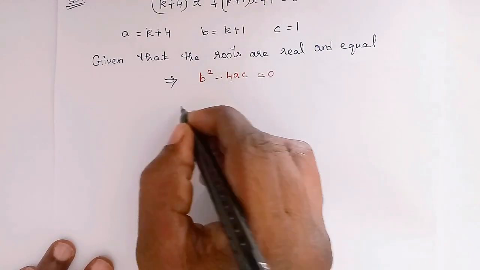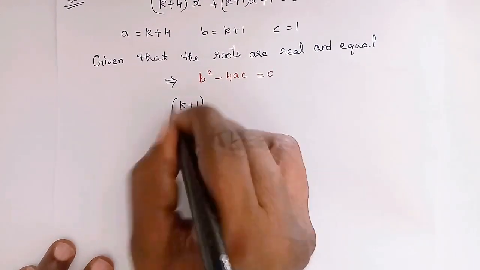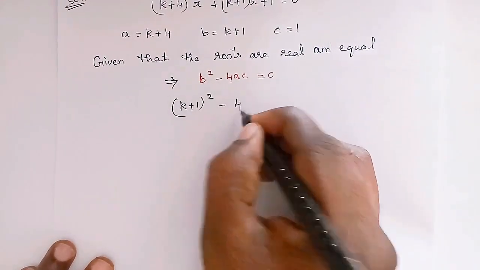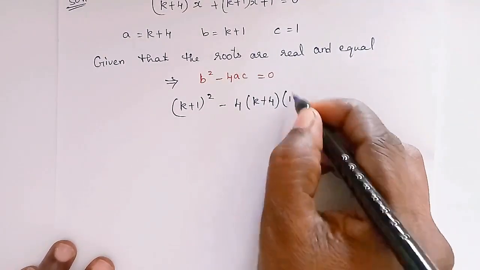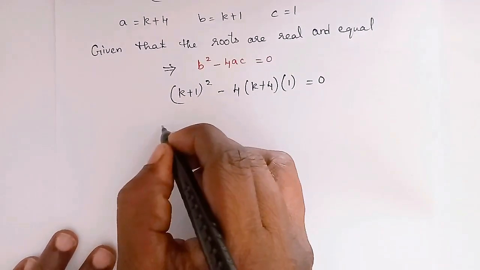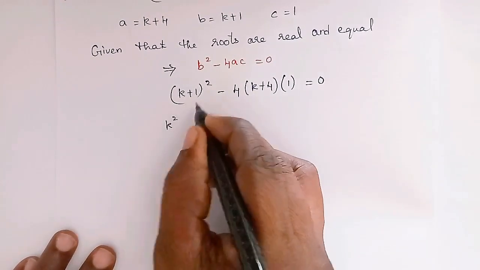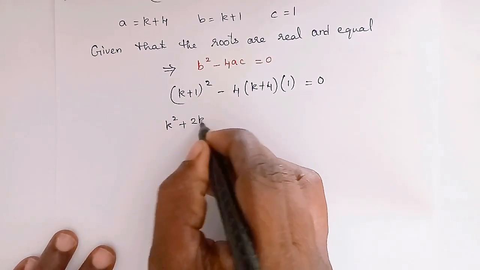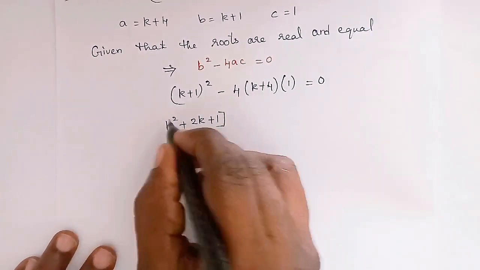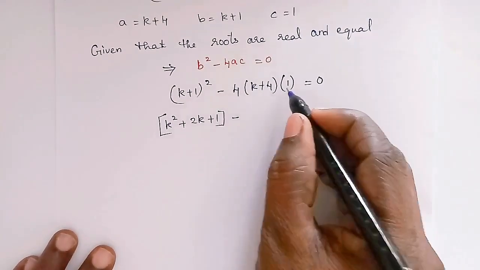Now what is b value? It is k plus 1. So k plus 1 whole square minus 4 into a value, k plus 4 into c value is 1 equal to 0. That means k plus 1 whole square is a plus b whole square formula, you want to substitute. K square plus 2k plus 1 we will get, minus 4 into 1 is 4.